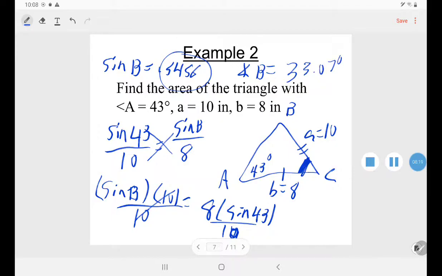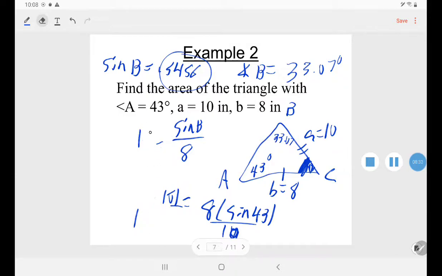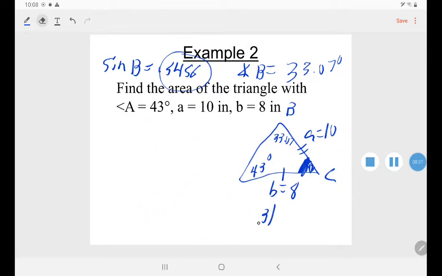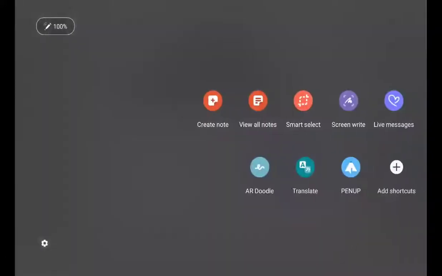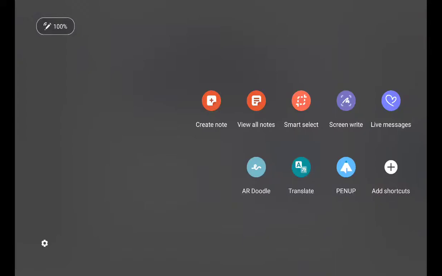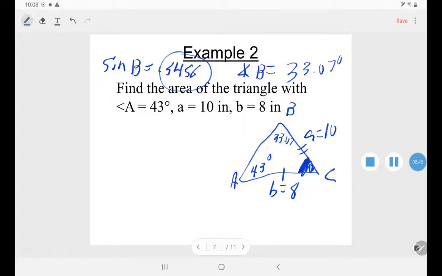33.07 degrees. Now again, that's angle B right here. I need angle C. So let me clear out some of this to give us some writing space. Since I know those two angles, angle A and angle B, I can find angle C really simply by adding them and subtracting from 180.